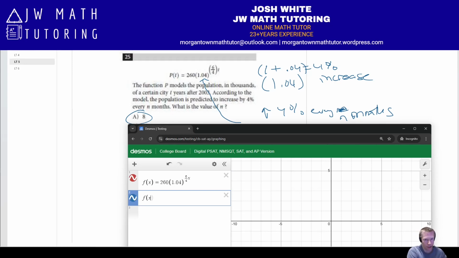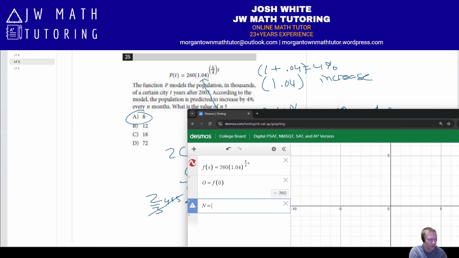First I'm going to get f of 0, and I'm going to let that equal O for old, because I'm going to calculate the percentage increase by plugging in all the answer choices. So in other words, I'm going to do f of 8.